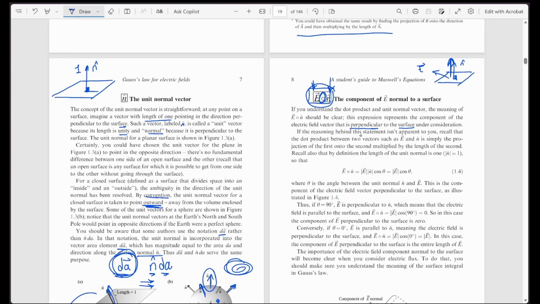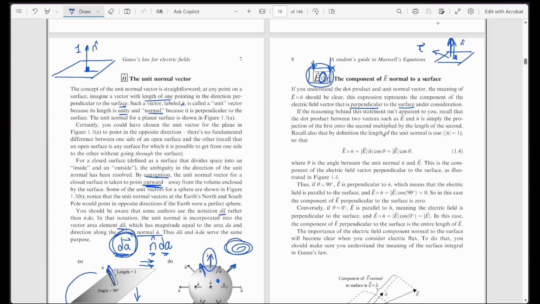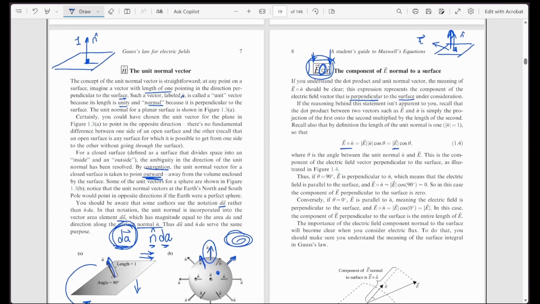If the reasoning behind the statement isn't apparent to you, recall that the dot product between two vectors, such as E and n, is simply the projection of the first onto the second multiplied by the length of the second. Also recall, by definition, the length of the unit normal is 1, so their dot product is just the magnitude of the electric field times the cosine of the angle between them.